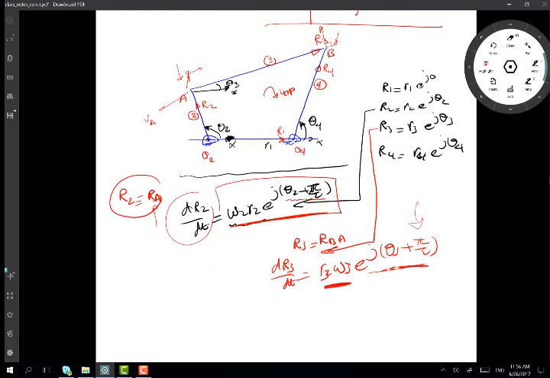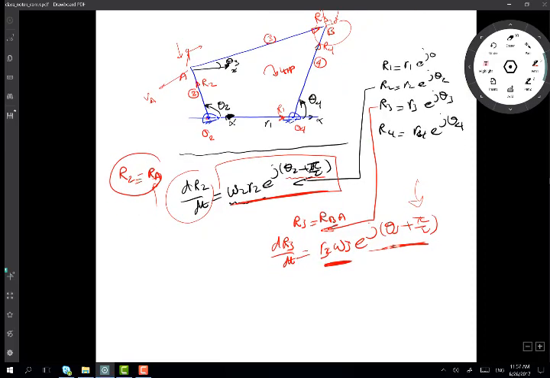So if I wanted the absolute velocity of point B, I need a vector which gives me point B with respect to a stationary point, so it can be O2. I can go to point B by saying RB is R2 plus R3 together.